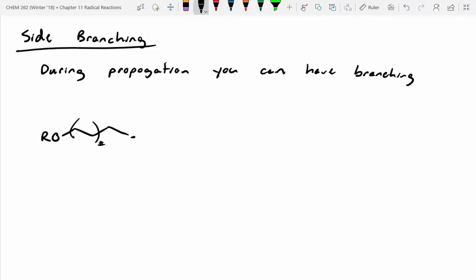So let's say you've got one of these propagation radicals, and then you've got another one floating around, and I'm just going to draw a central one here. In fact, let me zoom this out a bit. So this is the inside of a polymer chain, right? I'm not going to even bother showing the end cap. But what can happen here is this radical can actually abstract a hydrogen.